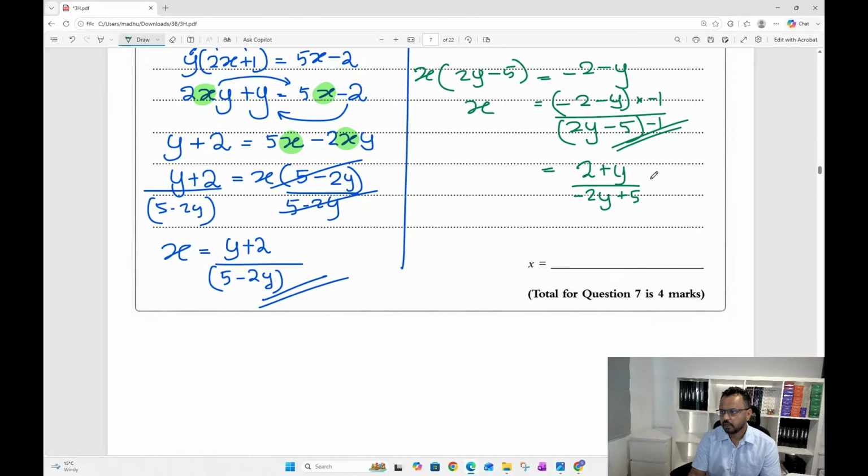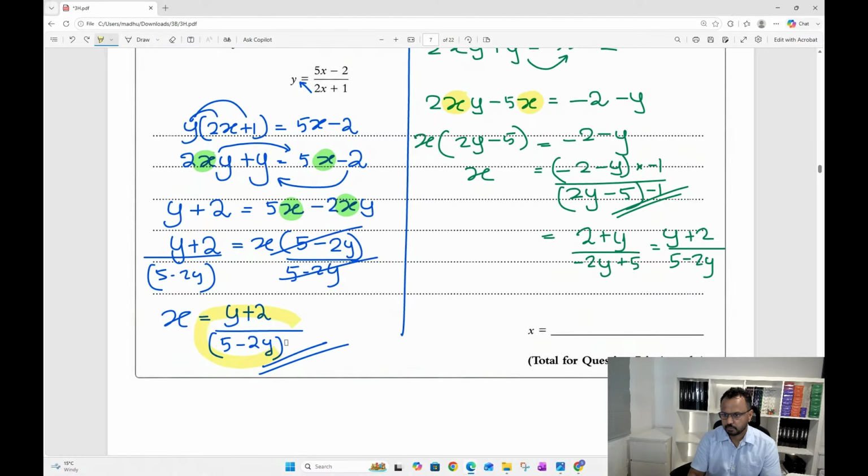Now, instead of 2 add y, I can write y add 2. And here, let's put the positive number to the front: 5 take away 2y. And you beautifully get exactly the same: y add 2 over 5 minus 2y.